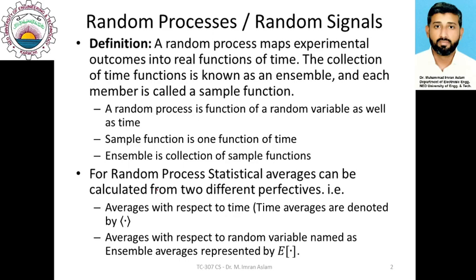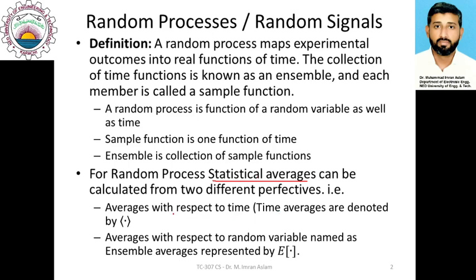As we previously discussed in case of random variables, we are more interested in calculating statistics of the random phenomena. So for the case of random processes, because there are two types of dependencies, we can calculate statistical average from two different perspectives.